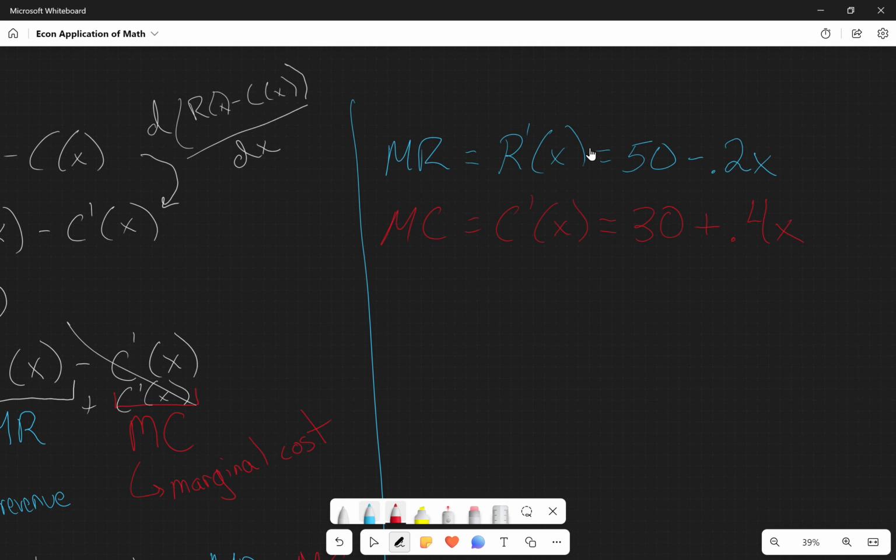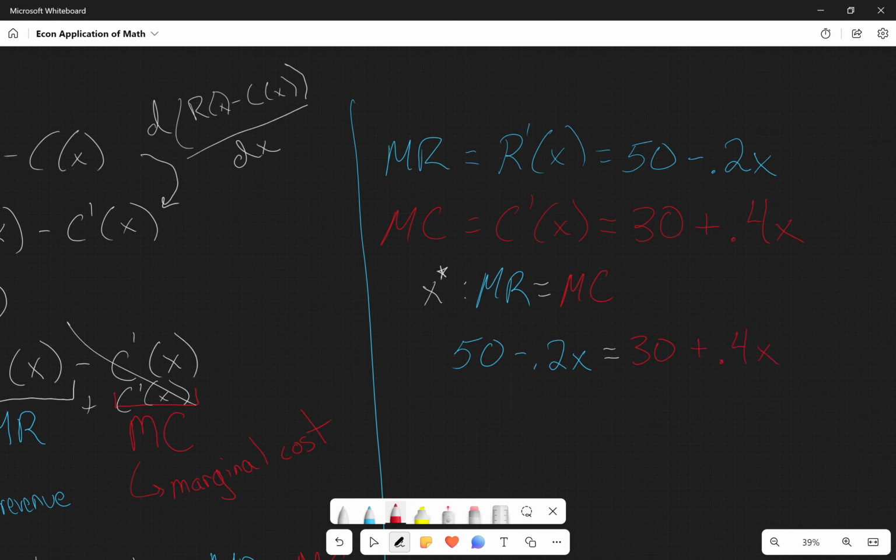And now that we have these, well, now we know that we can set them equal to 0 in order to find our x star, our profit maximizing. Or sorry, not set them equal to 0, we set them equal to each other. Apologies. And so we're going to end up with 50 minus 0.2x is equal to 30 plus 0.4x.